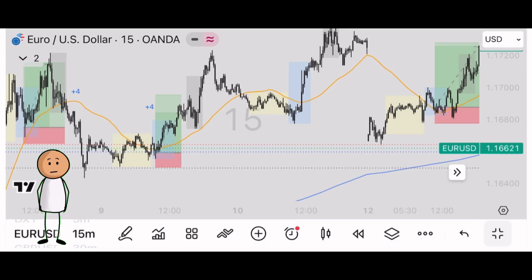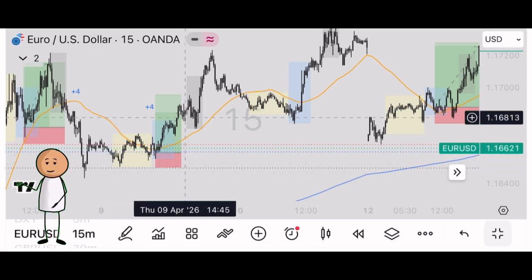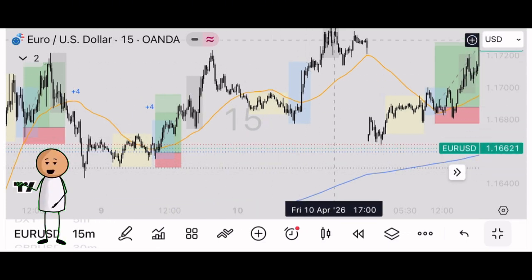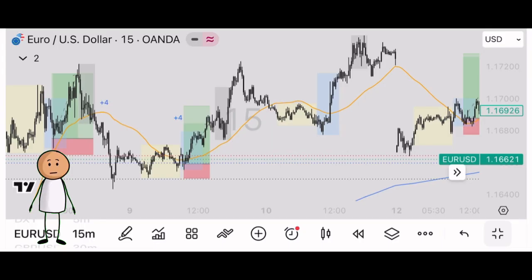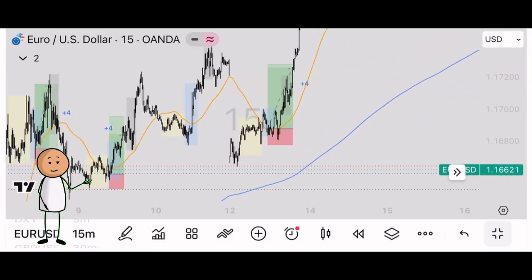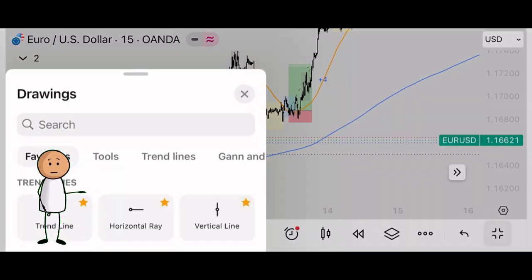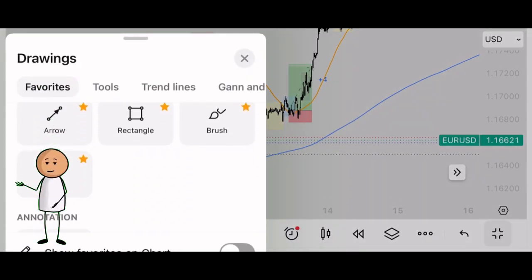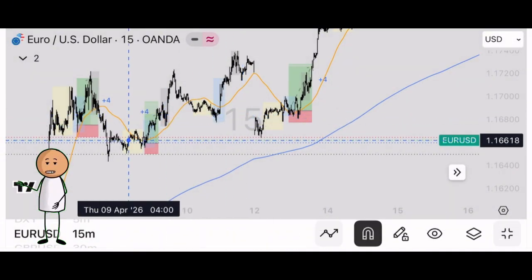Then comes the next day, same working range, you still have this low, high. Then we gap down below that low. But if we go back to the higher time frame, we understand that we are still looking to buy.